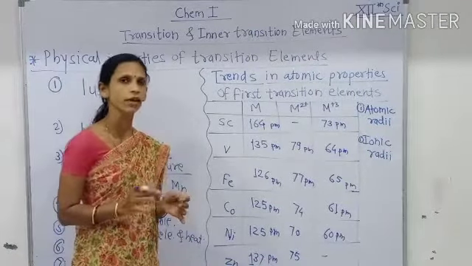The periodic trend in ionic radii is explained on the basis of two different concepts: first, ionic radii of elements of the same oxidation state, and second, ionic radii of the same element in different oxidation states.